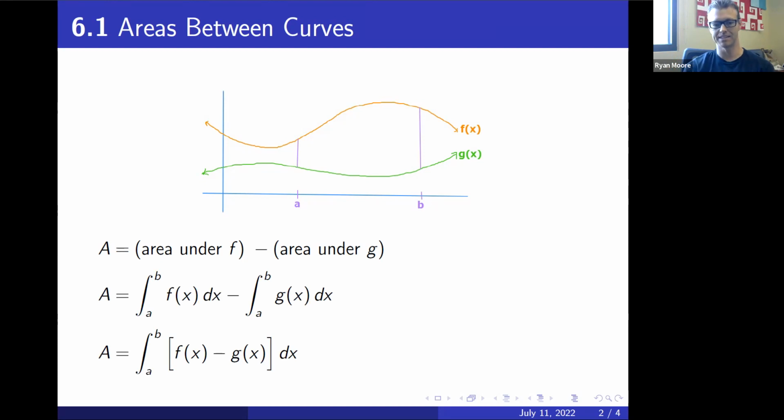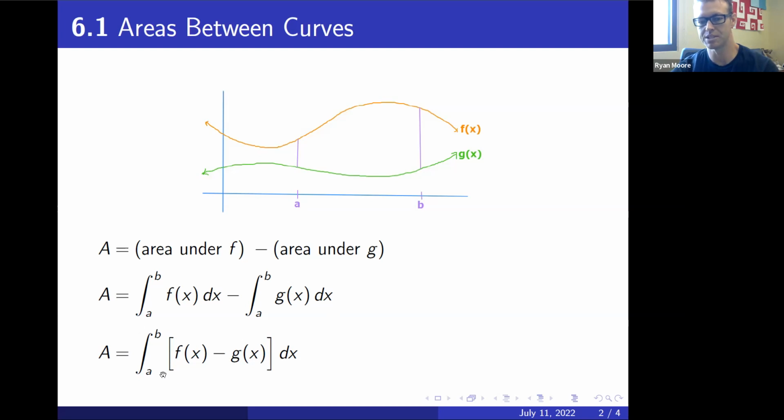And so think of that as our formula for how to find the area between curves. One important thing to note, remember that it's always the function on top minus the function on bottom.